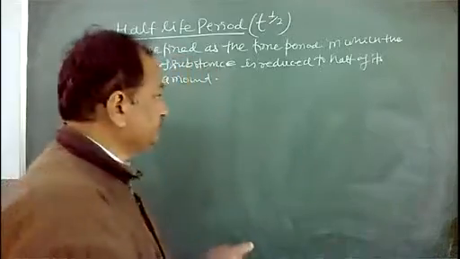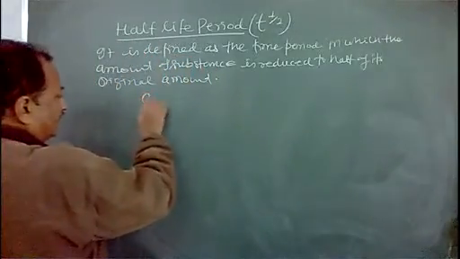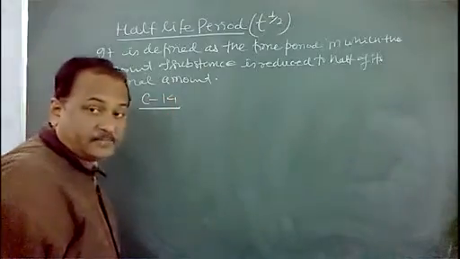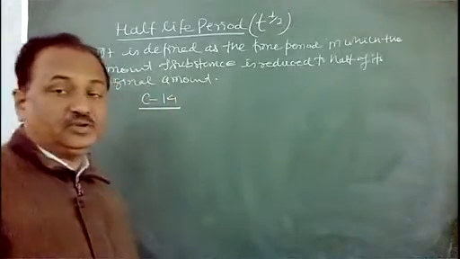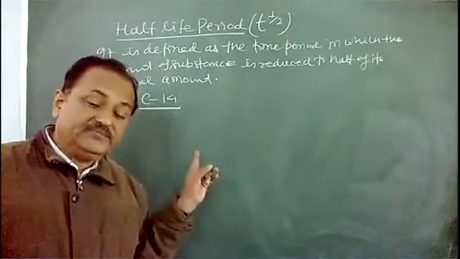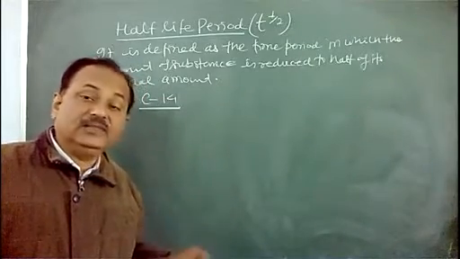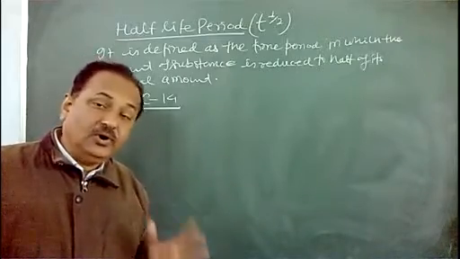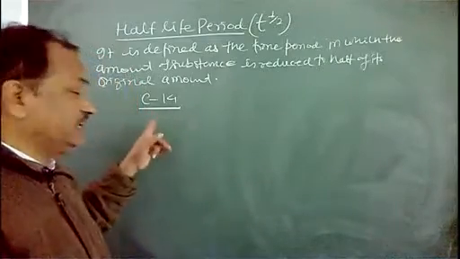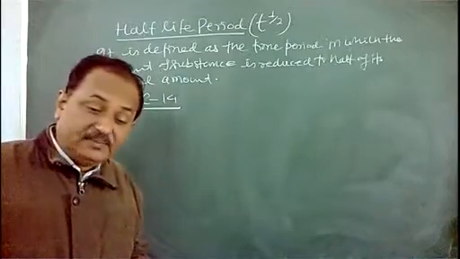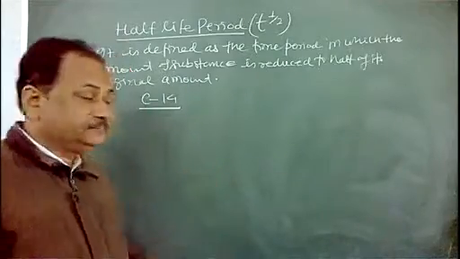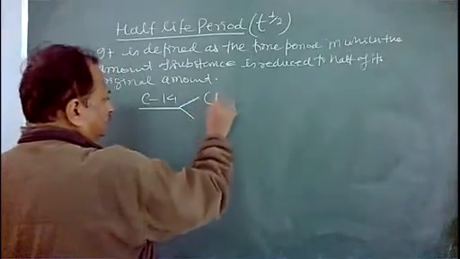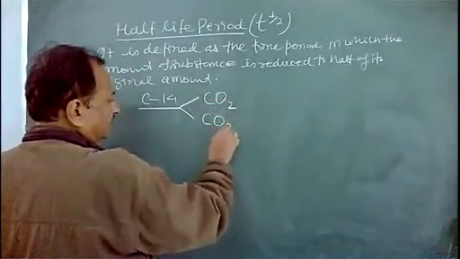Now see how. For example, children, carbon has an isotope C14. It is found in nature in all organic substances, animals, plants, human beings, all. In nature there are two types of CO2 available.